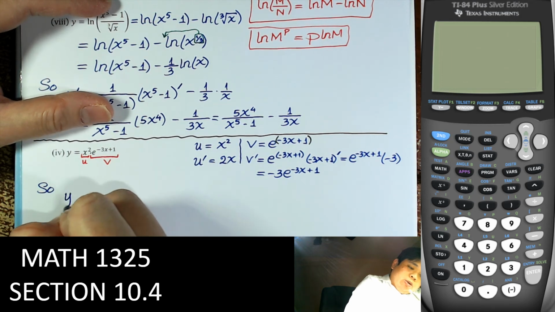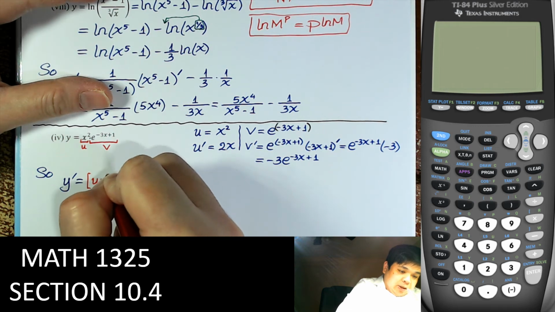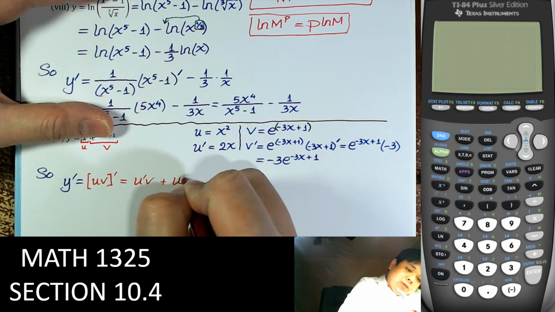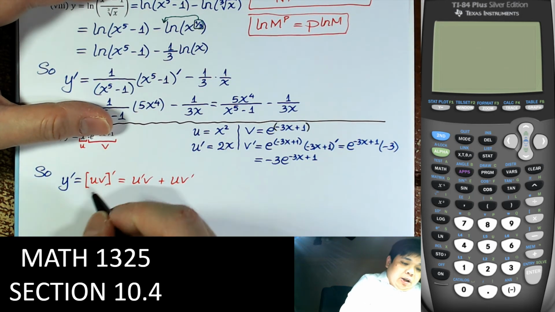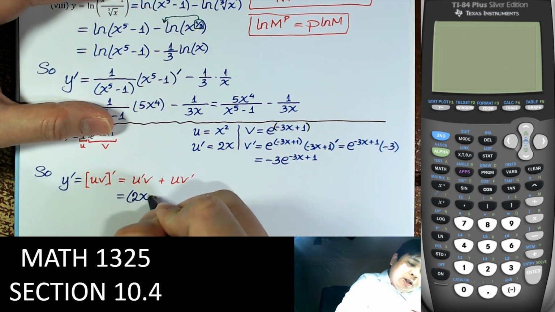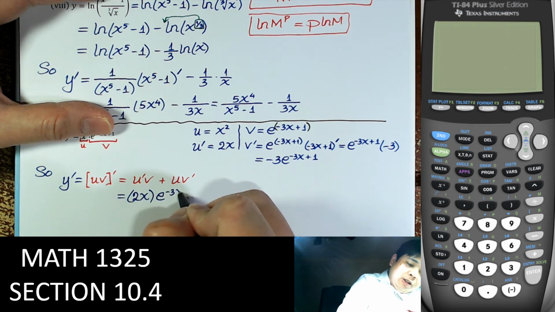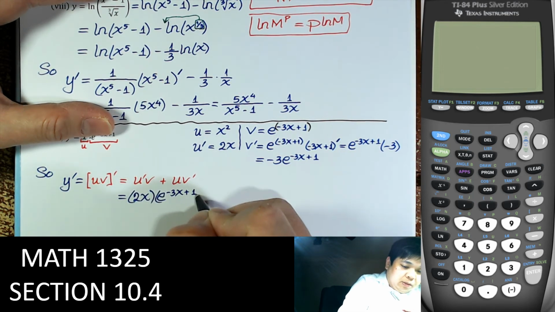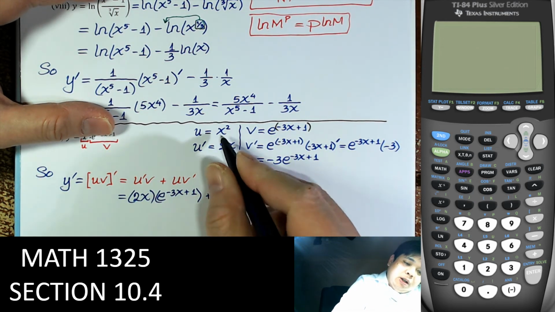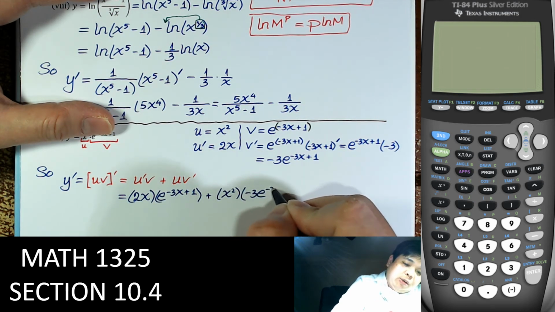The derivative will be the product rule. Right, u prime is 2x times v, that, plus u, x squared, times v prime, -3 e to the -3x plus 1.